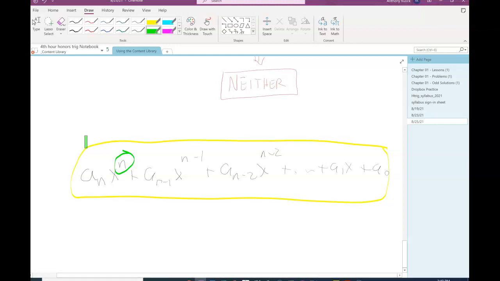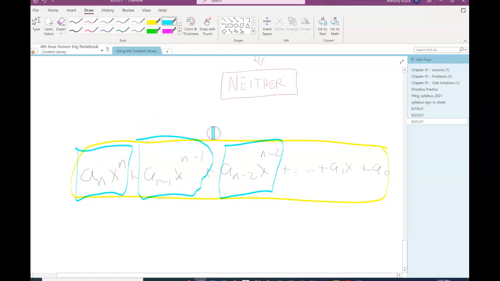If you have a polynomial, like a multivariate polynomial, where you have like x's, y's, z's, it'd be the sum of the exponents, but that's not the case in a class like this. If I look at each individual term, though, like each one of these is also a polynomial by itself, right? So the degree of each of these polynomials is the exponent.